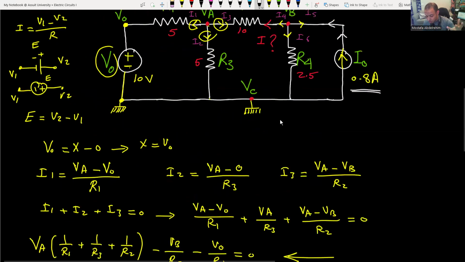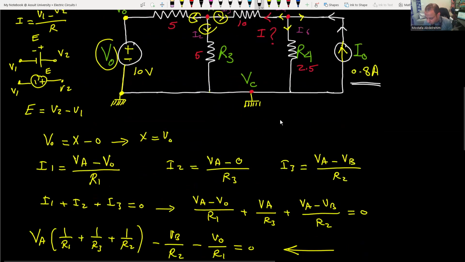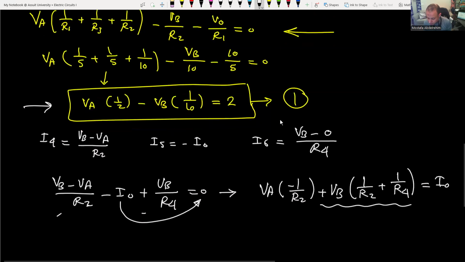So VB is connected to R2 and R4. You're going to have another term, or terms if you have multiple nodes, for the other node that VB is connected to, which is VA, multiplied by minus the reciprocal of the resistance between them.